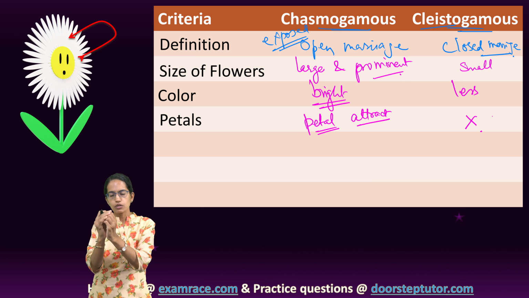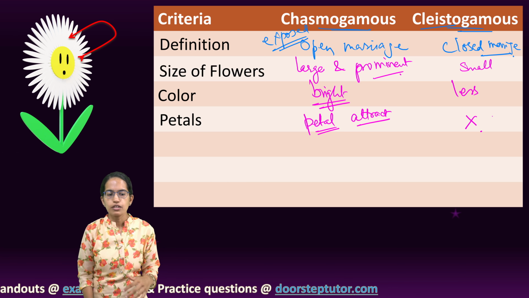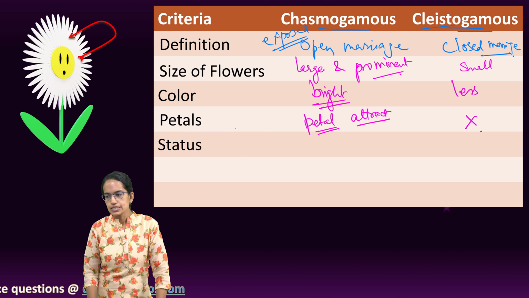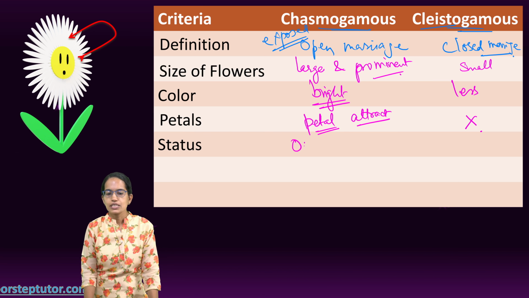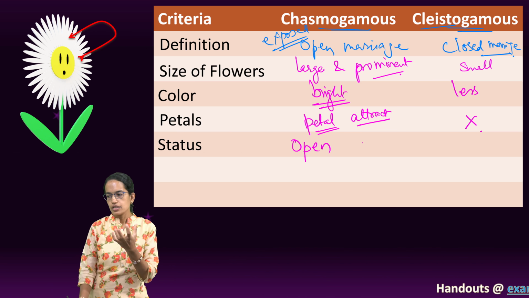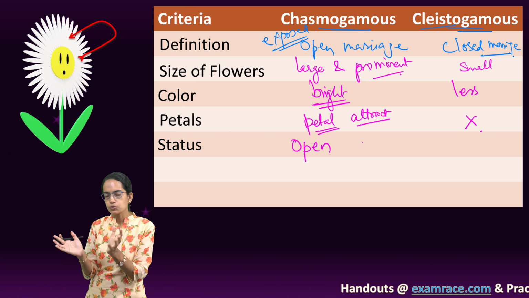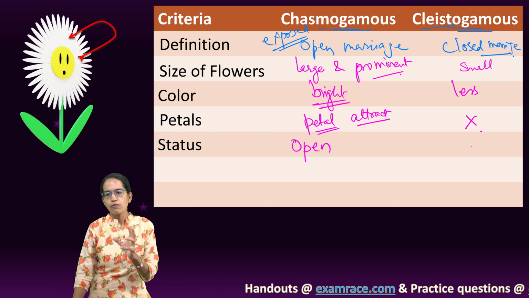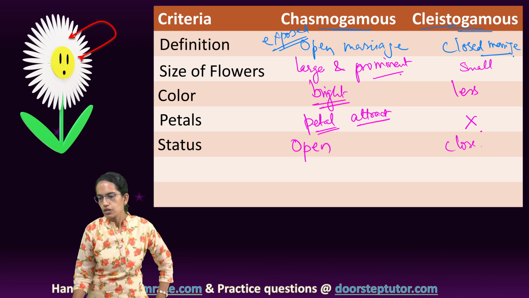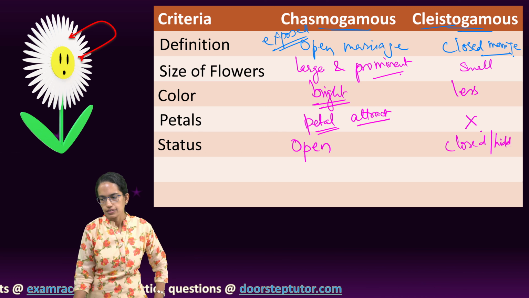It is within a closed limit, so there is no need for the petals to be highly attractive. The next is the status. As we said, these flowers are open, they have exposed reproductive organs. However, Cleistogamous are those where they are never exposed, they are closed or hidden, as the term suggests.